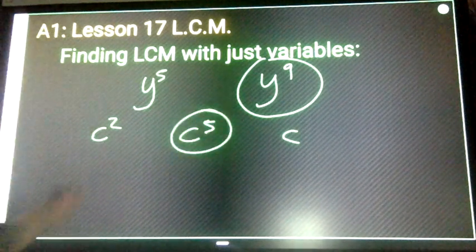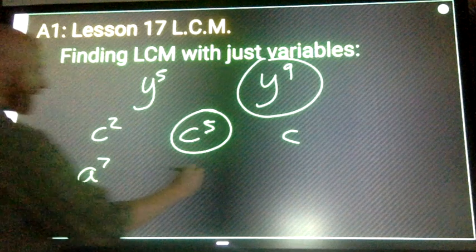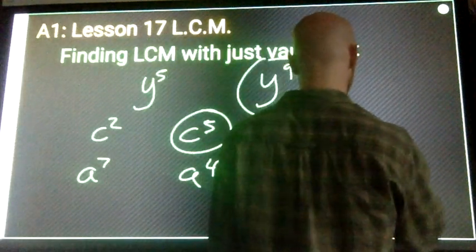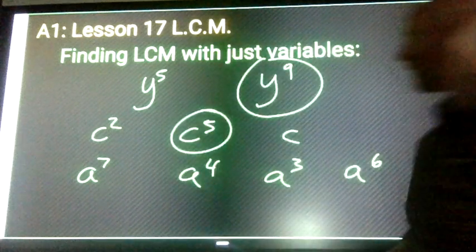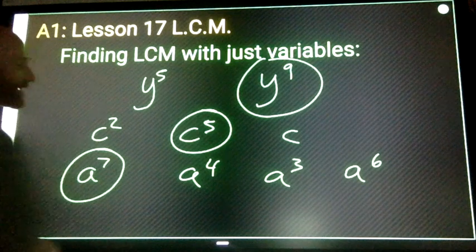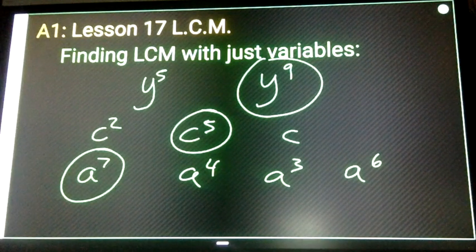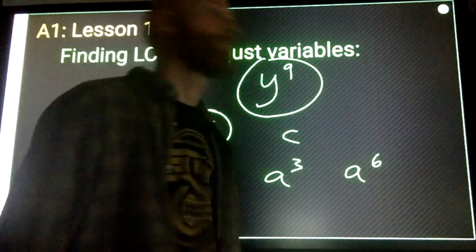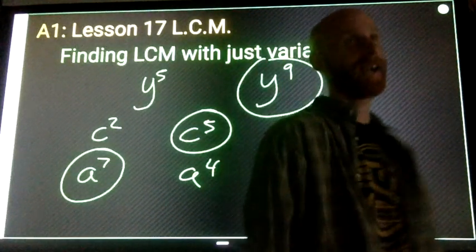Right here. If I got a to the 7th, a to the 4th, a to the 3rd, a to the 6th, what's my least common multiple? Right here. So least common multiple is going to be which one of my bases has the biggest exponent.